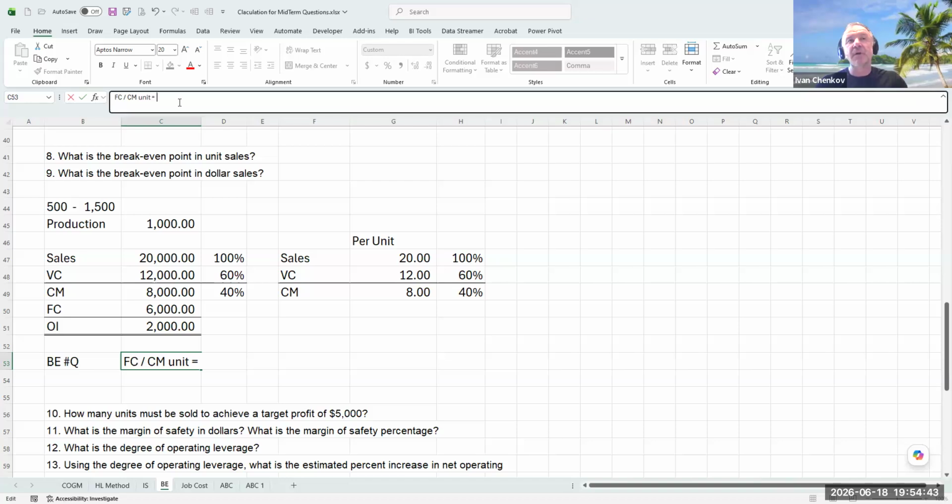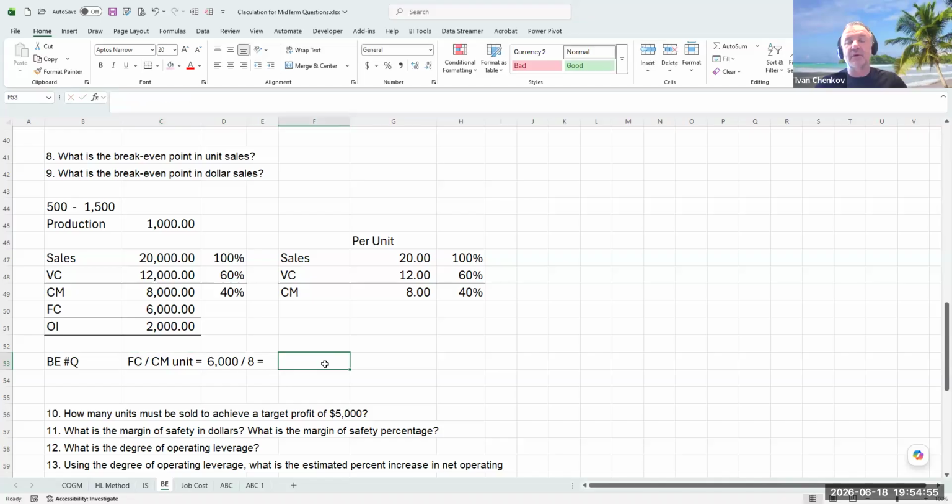And once I know that my fixed cost is $6,000 and my contribution margin per unit is $8, I can easily calculate that the number of units is 6,000 divided by 8. And we're done. 750 units.